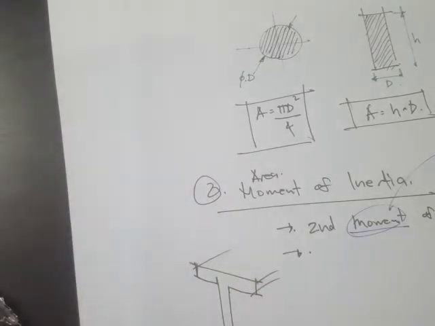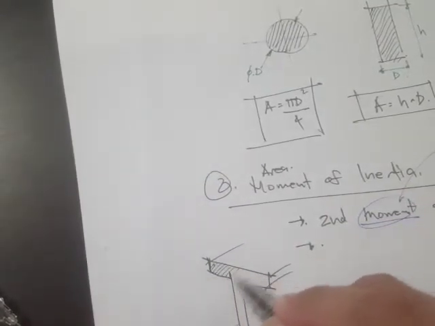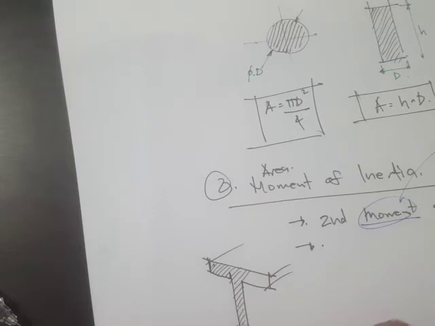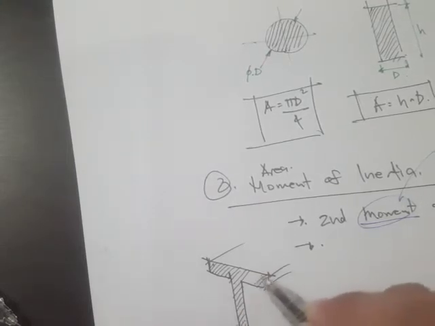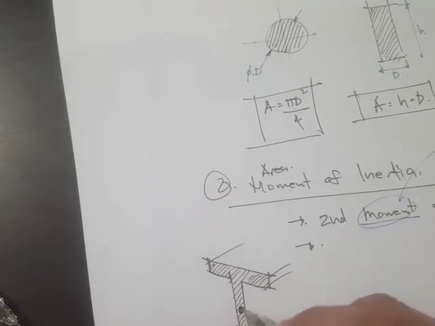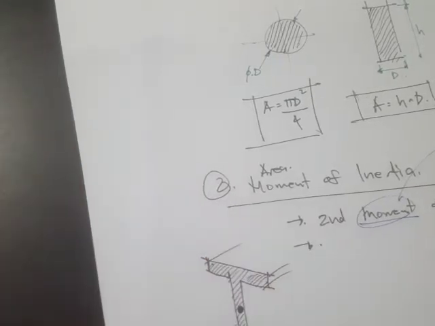Let's say this is my cross-sectional area, and in it we have this centroid right here.